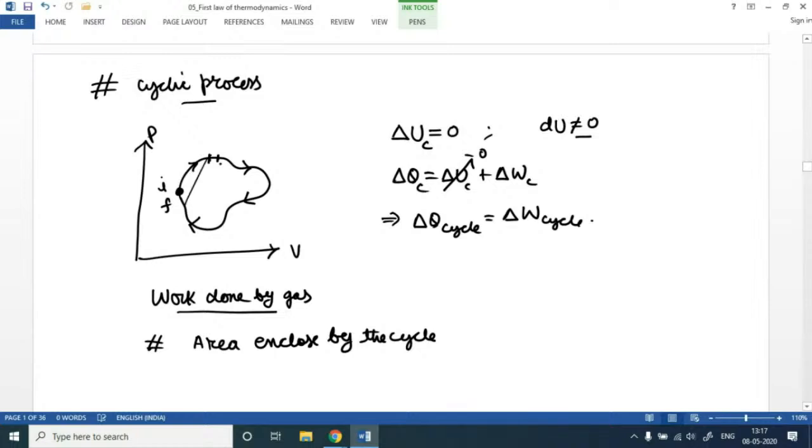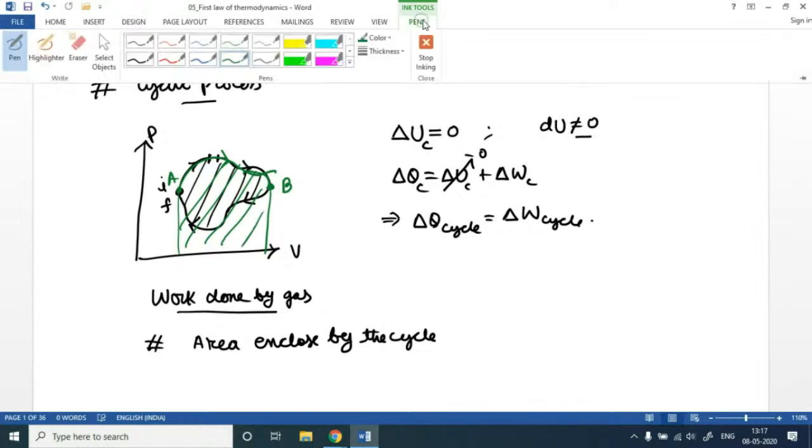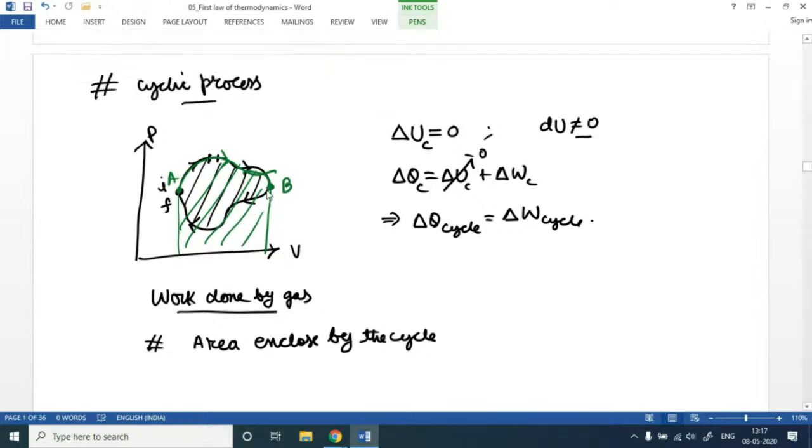Let's say for example this area over here. The justification is this: for example this is state A, and let's say we are taking state B over here. First there would be work done in the process from A to B, so that would be this whole area. And there would be some negative work done from B to A, so that would be this area.